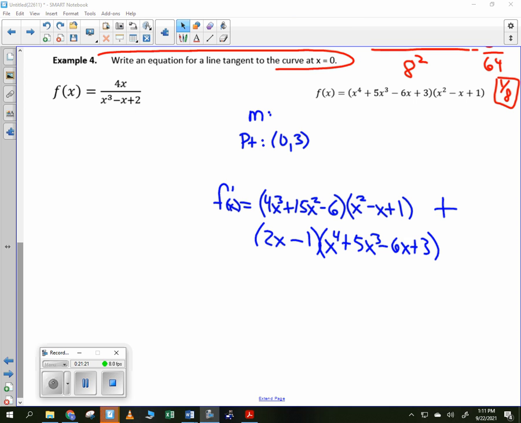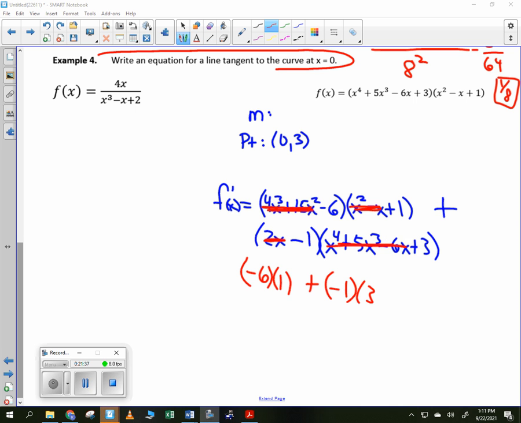If you plug in 0 for x, look. This goes away and you're left with negative 6. This goes away, you're left with 1. This goes away, you're left with negative 1. And this goes away, you're left with 3. So negative 6 minus 3 is negative 9.